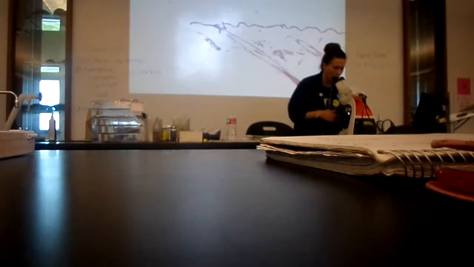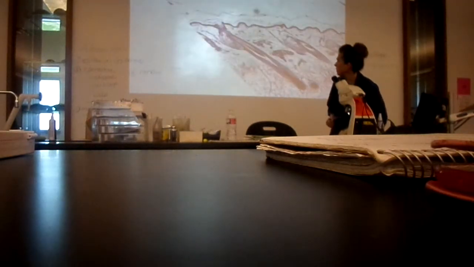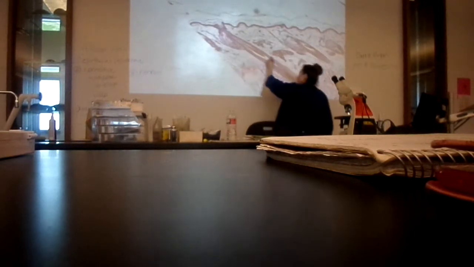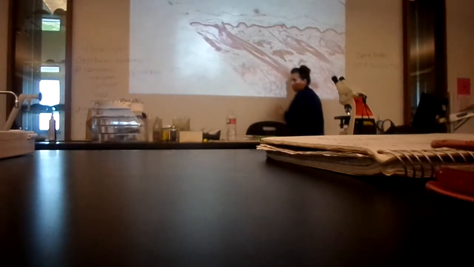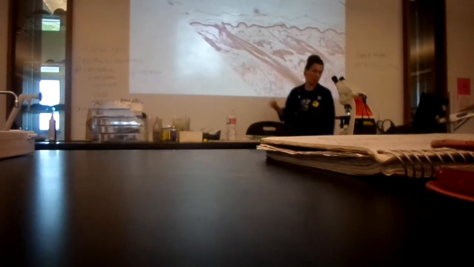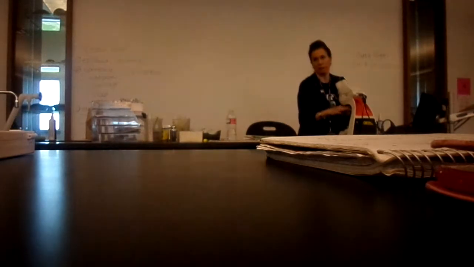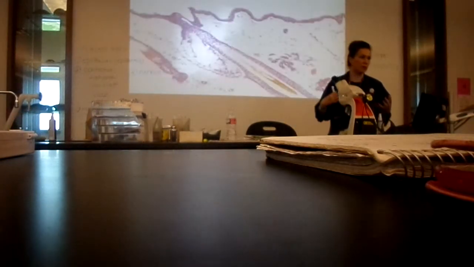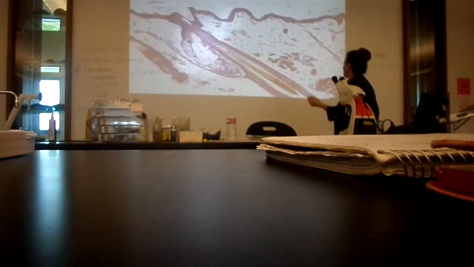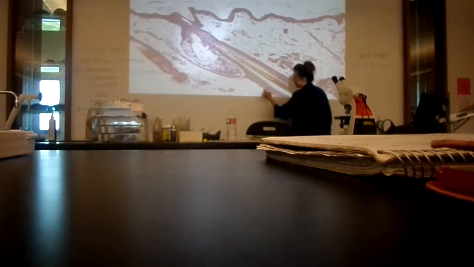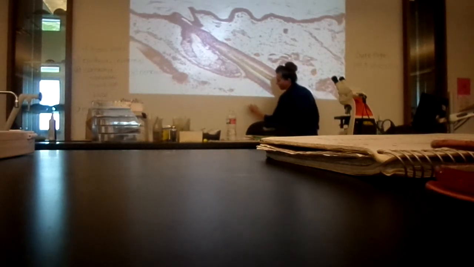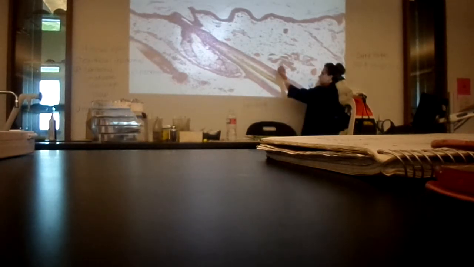So if I go back out on that lower magnification, we can see the whole thing. This is a hair follicle. The thing inside of that hair follicle we call a hair shaft. So, splitting hairs, no pun intended. This is the hair follicle, and then this is the hair shaft.